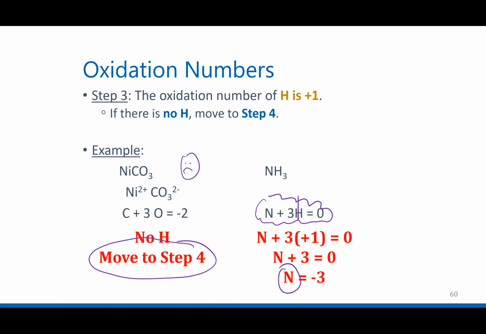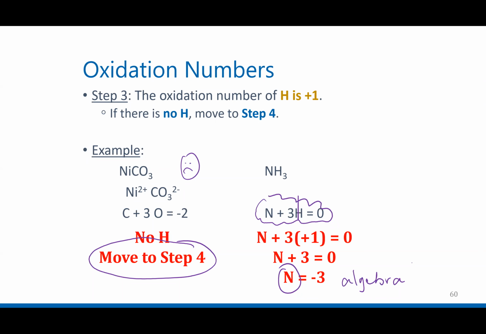And then I just solve for nitrogen like you would do in math. Again, this is just algebra. It's not chemistry. So hopefully you are confident in simple algebraic expressions. There are no square roots or exponents or logarithms here. It's just straight adding and subtracting.